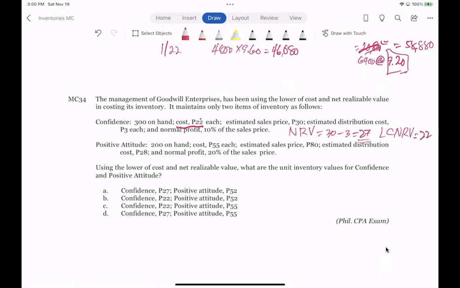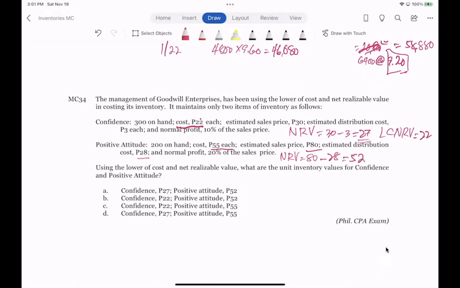Then positive attitude, we have 200 on hand. Cost is 55 each. Estimated sales price is 80. Estimated distribution cost is 28. And normal profit is 20%, so disregard. So 80 minus 28 is 52.